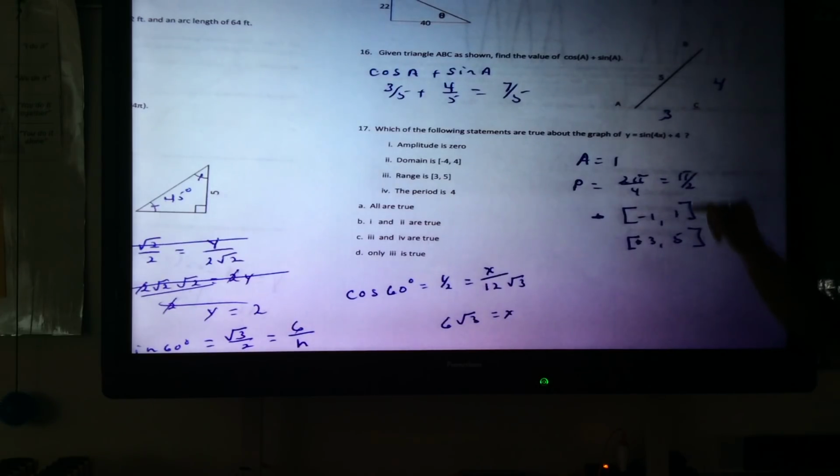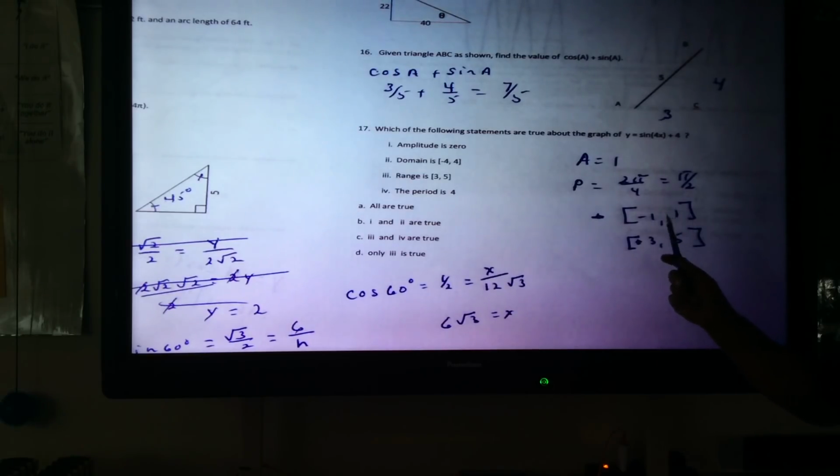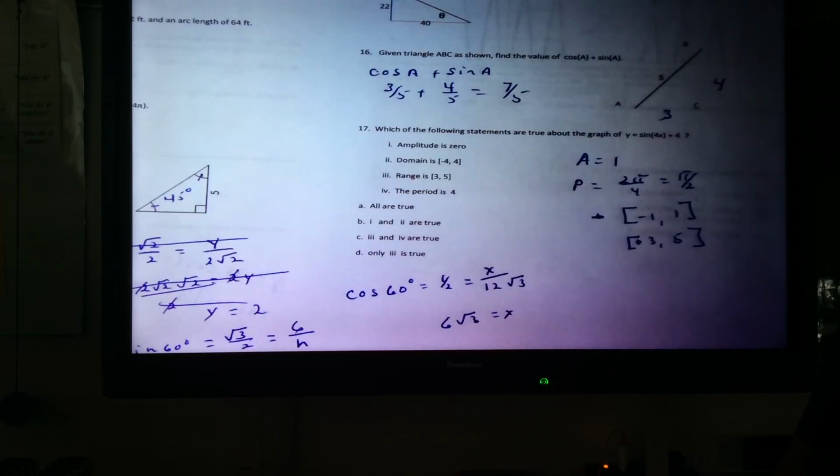When you move 1 up 4 units, you're going to get 5. But the difference between these two will always be the same. 1 minus -1 is going to be a +2. 5 minus 3 is a +2. Got it. You can even graph that on the calculator, right? The whole thing, you can still get the same thing?